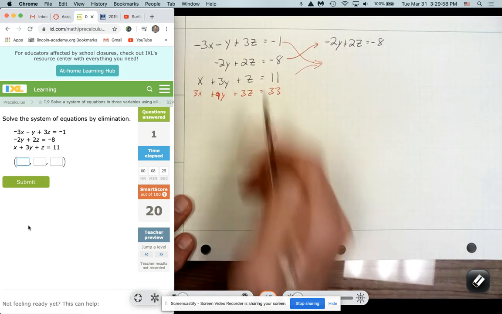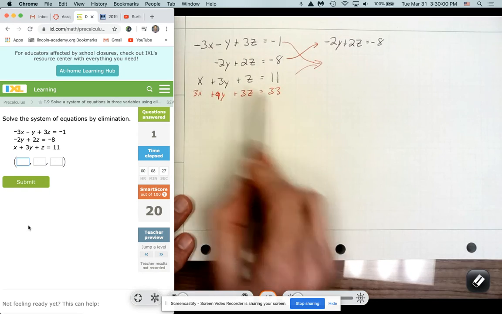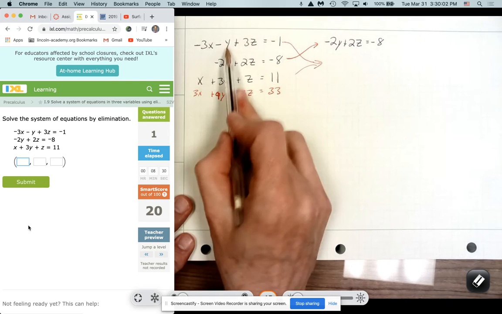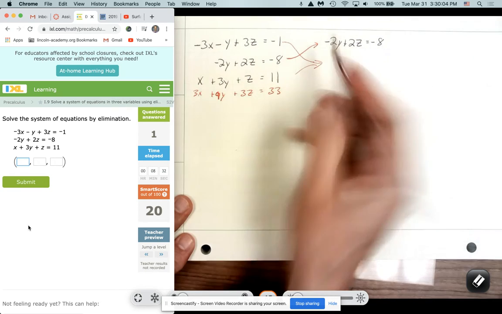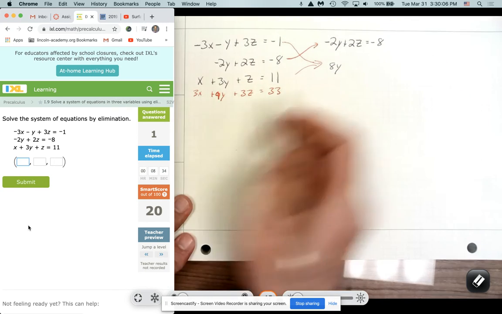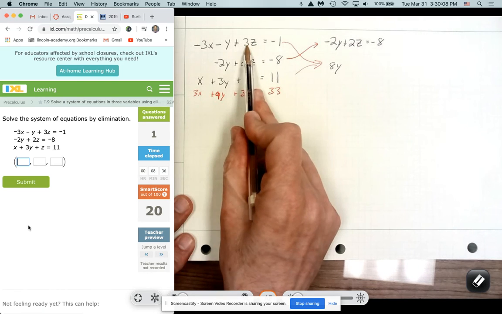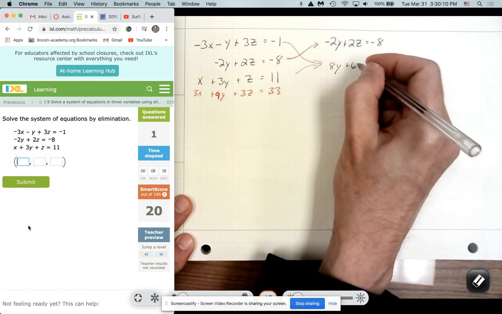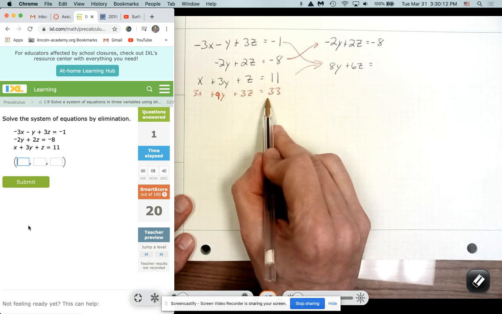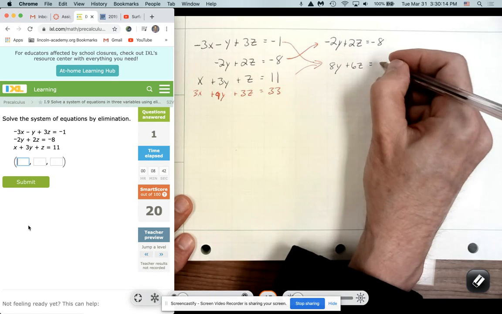So now when I combine the top one with the bottom one, the x's will cancel. 9y minus y is going to be 8y. 3z and 3z will become a plus 6z. And 33 minus the 1 is going to be 32.